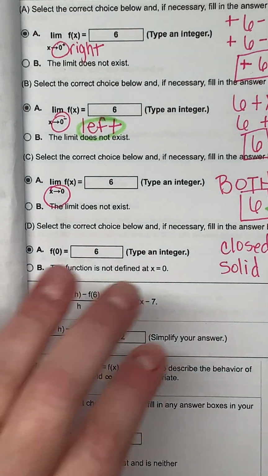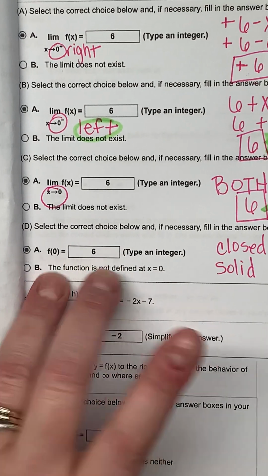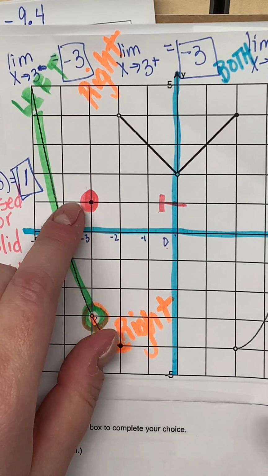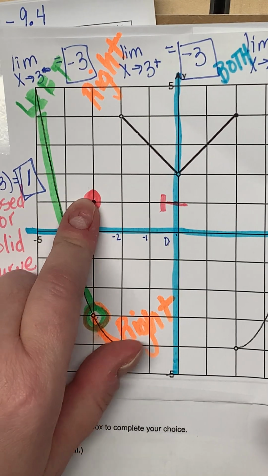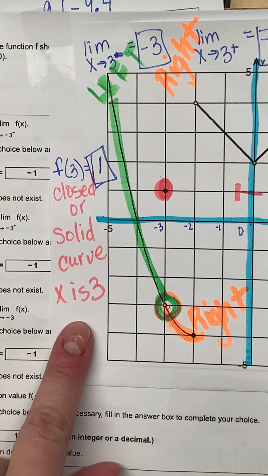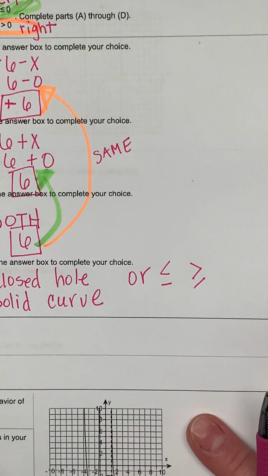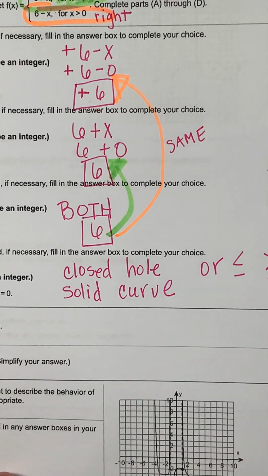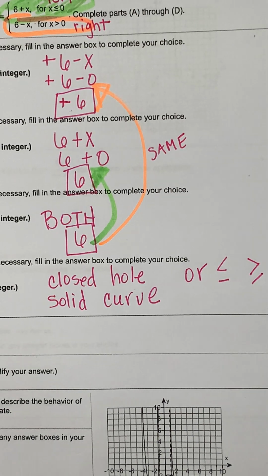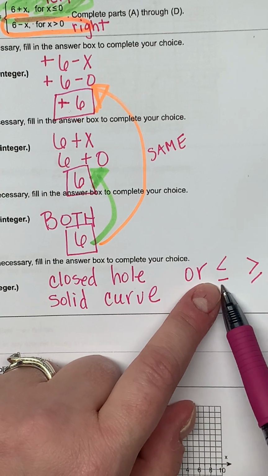Okay, part D says f of 0. And usually when we have a picture, f of 0 means where the closed hole is, or the solid curve. But we don't have a picture. So the only way we can figure out what the closed hole or the solid curve is from our equation is to look for the alligators with the equal to.